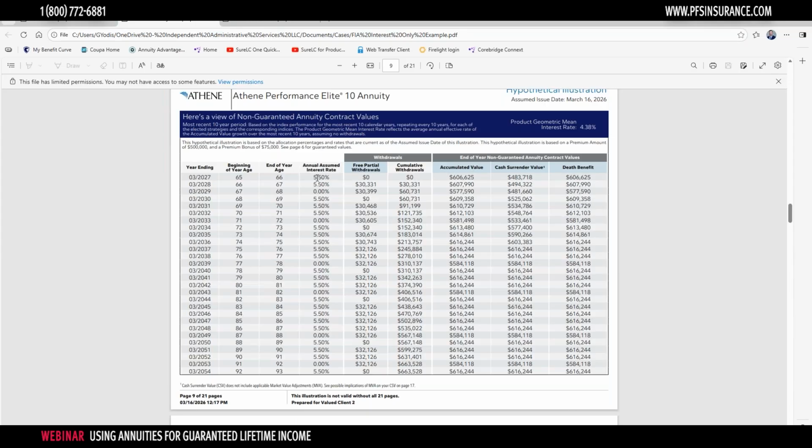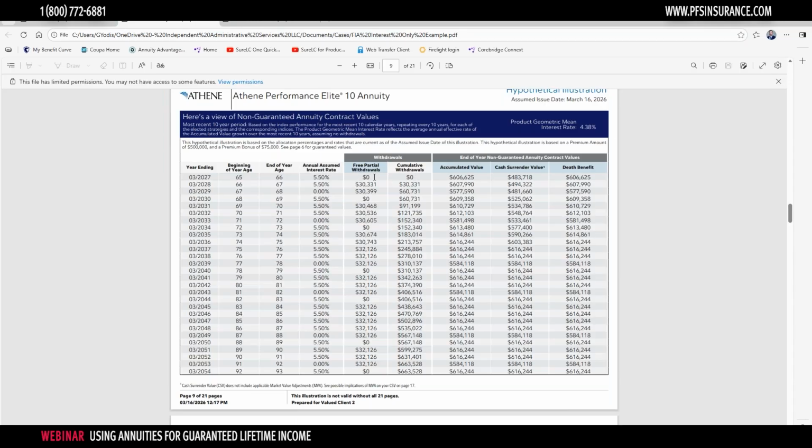But with the 5.5% return after year one, his free withdrawal is going to be $30,000. And he continues to receive that. So every year that he has an interest return, the following year he'll get the payout. So any years that he gets a 0% return, the following year he gets no income.